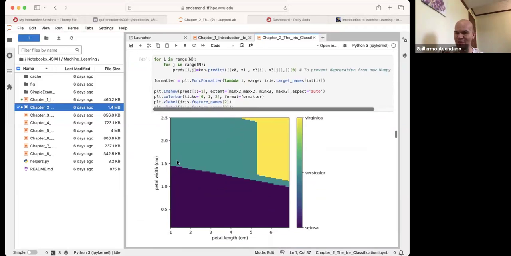Notice that what it does is decide certain regions that it identified. It's not a line, it's just areas based on the closeness to the points that were identified. It decides, okay, this area here is for Virginica, this area here in cyan or kind of greenish is for Versicolor, and this area here is for Setosa.